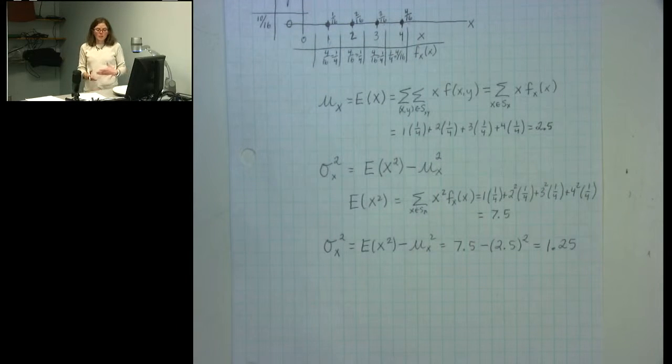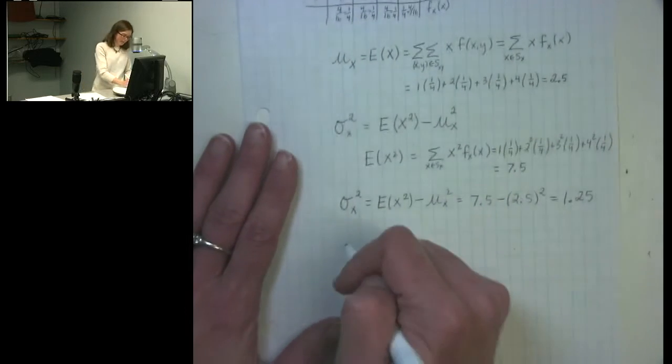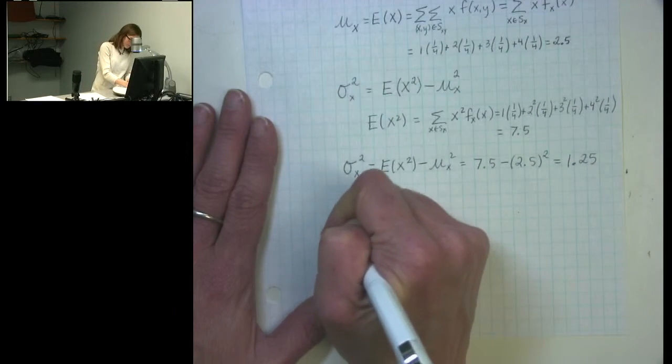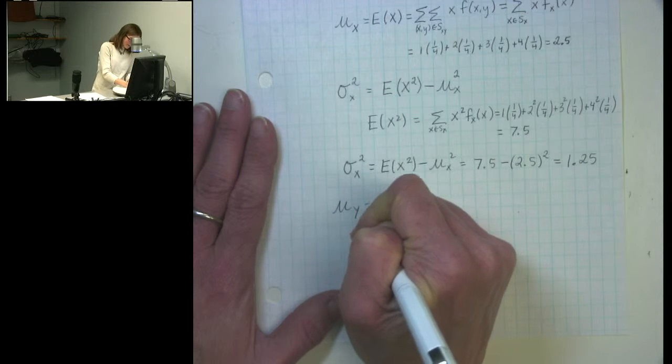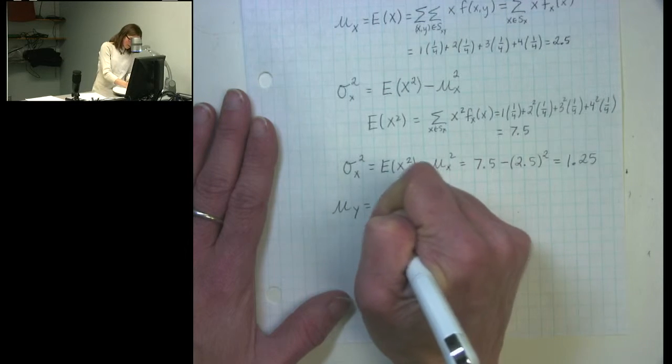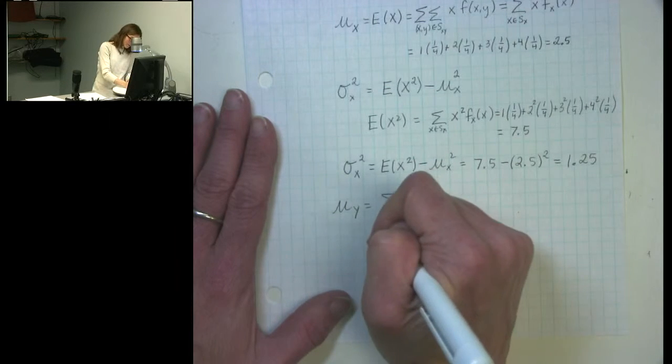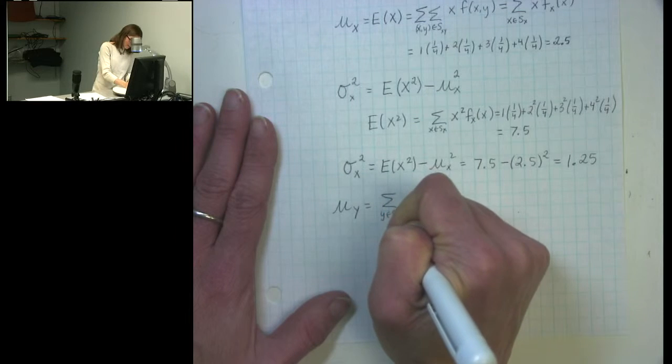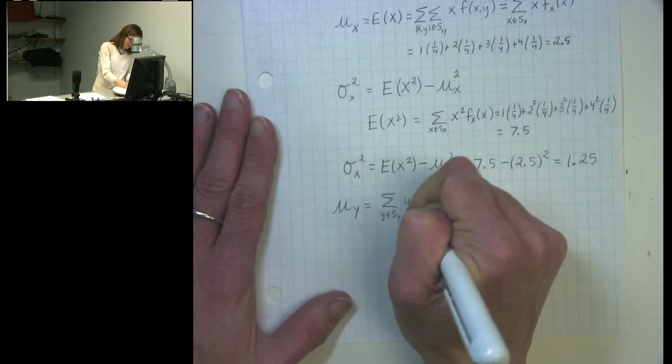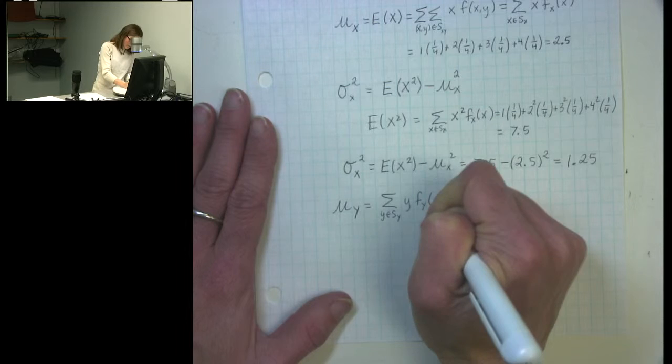We can do the same kind of process to find the mean and variance of y. The mean of y, I'm going to use my marginal distribution because it's usually easier if I have it. Y times the marginal f sub y of y.